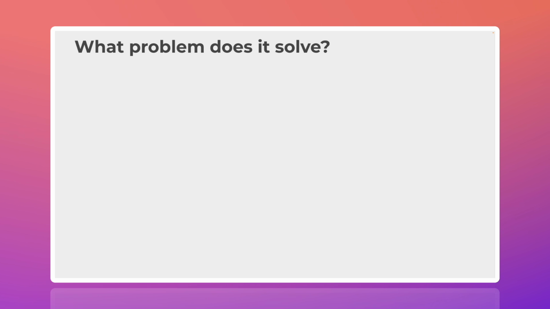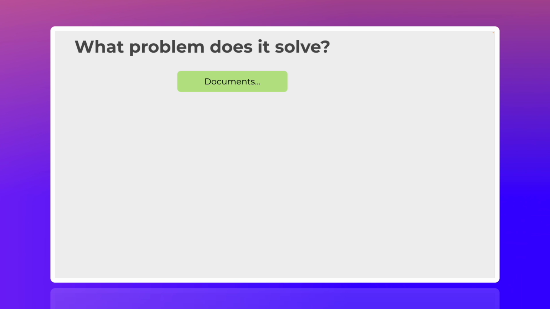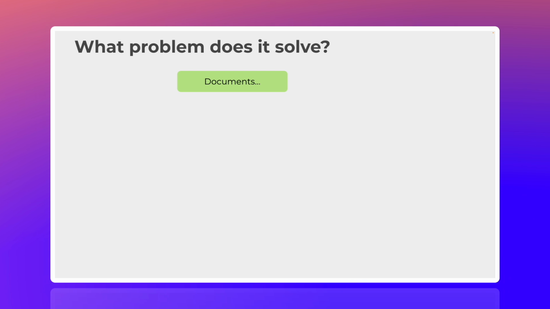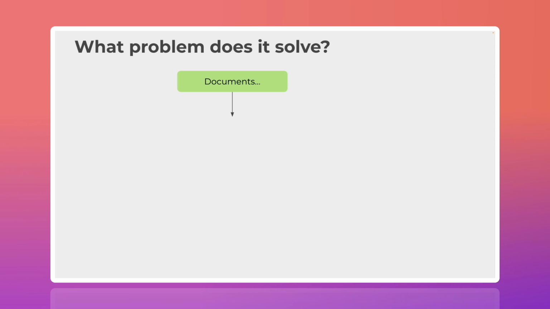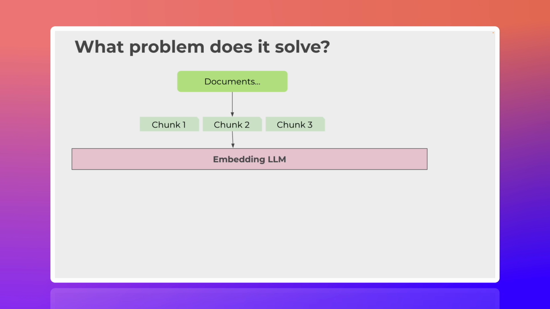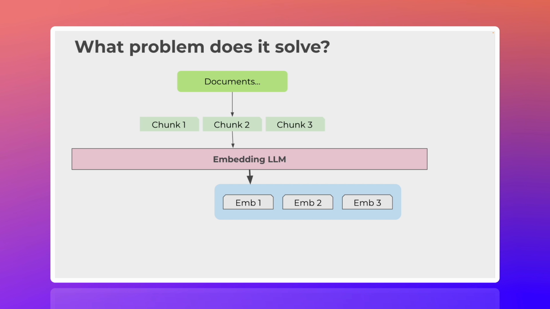Now, what is the problem that Ollama solves? When we talk about large language models, we are usually talking about this thing called RAG systems, Retrieval Augmented Generation. The idea is very simple: we have documents. Those documents are chopped into smaller chunks, right? And then we pass those through a model that is responsible for creating embeddings, which is the vector representation of these chunks.